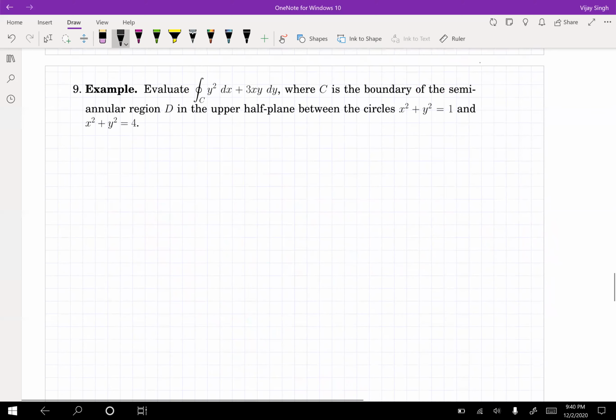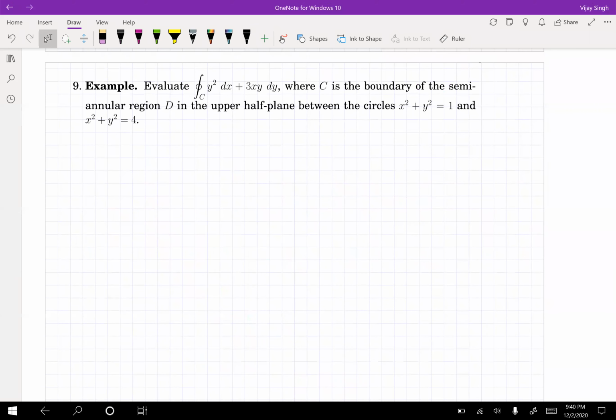Okay. Now let's look at the following again. So integral of y squared dx plus 3xy dy, where C is the boundary of the semi-annular region D in the upper half plane, x squared plus y squared equals 1 and x squared plus y squared equals 4. So C is the boundary of this semi-annular region D in the upper half plane between the circles.